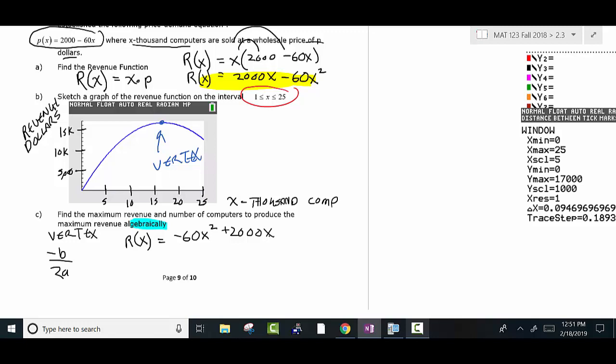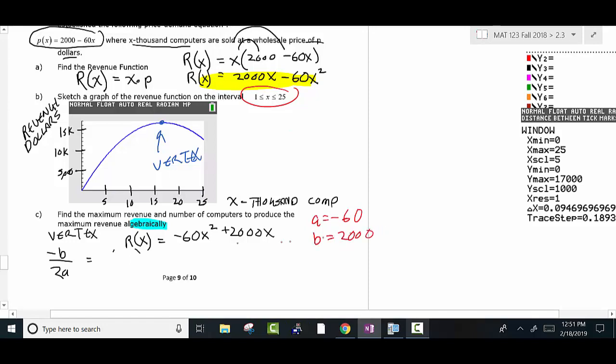We're just going to plug in there. So what you want to do, and this would give you the X value of that vertex, is you would just do this now. Okay, so you would have negative... whoops, I did the wrong thing on that, didn't I? So A is negative 60, and B is 2,000.